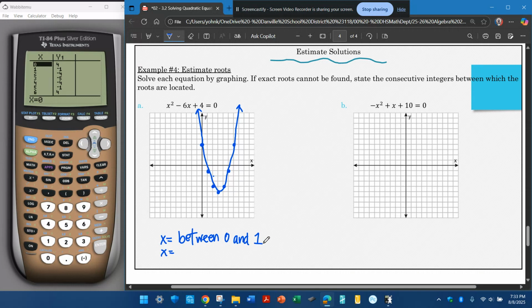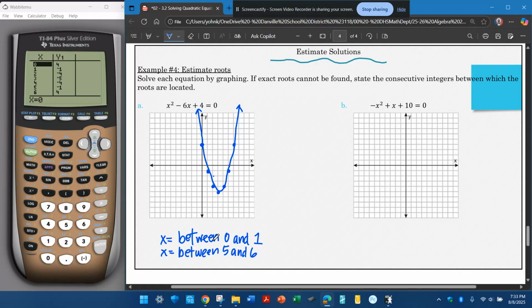And then if you keep looking, 1, 2, 3, 4, between 5 and 6, we also hit the x-axis. So you're not going to be able to say exactly what the roots are, but you're going to be able to state the consecutive integers between which the roots are located.